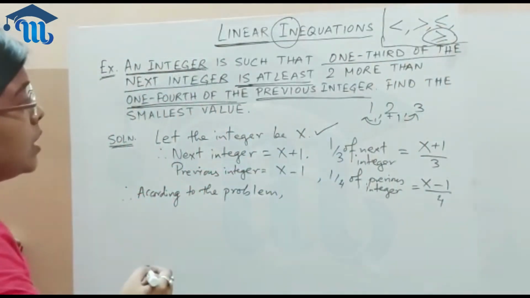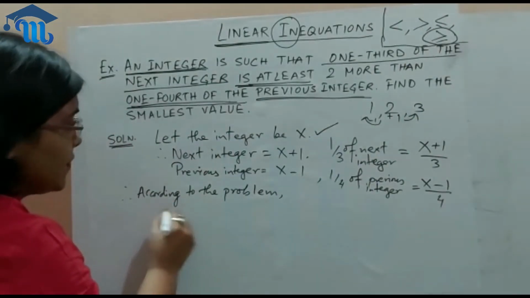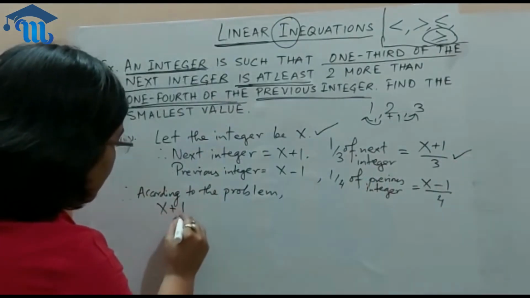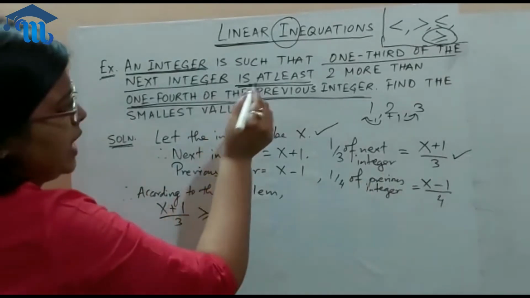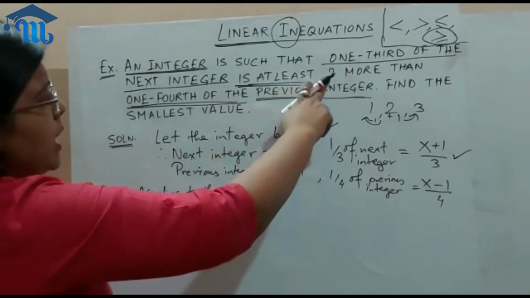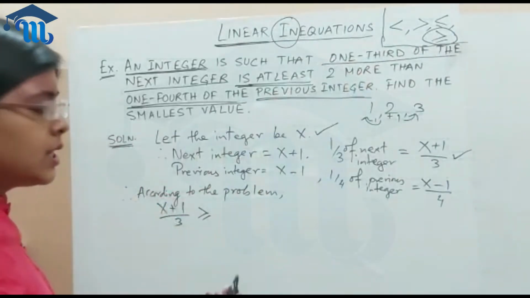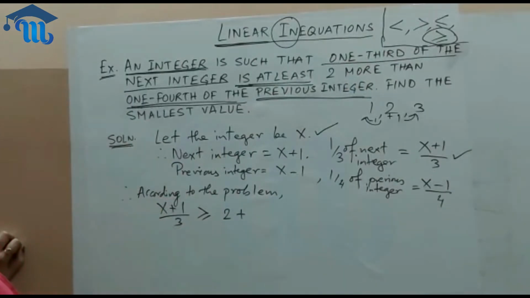So what does that mean? We can write 1/3 of the next integer, as we have already defined, (x plus 1) by 3 is at least. So we have given the sign. Now let's move on to the next part, 2 more than. So 2 more than means 2 plus, right?